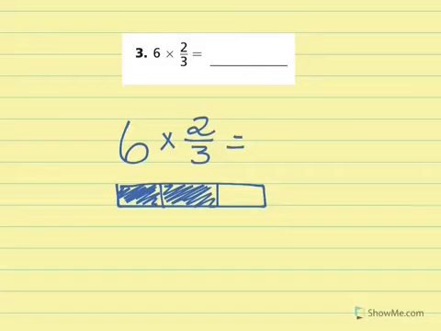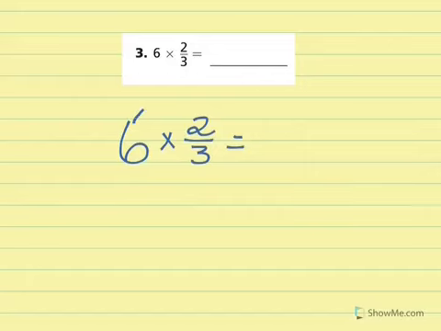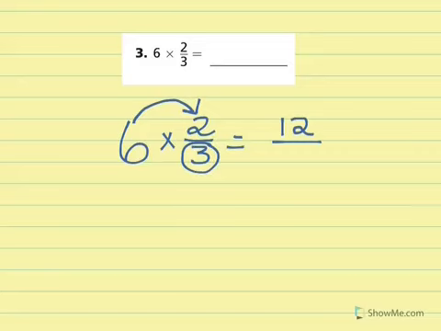But we would have 6 of those. So what I can do is simply multiply my whole number times the numerator. 6 times 2 is 12. Then I keep my denominator because I'm just counting thirds. So I would have 12/3, and that is my answer.